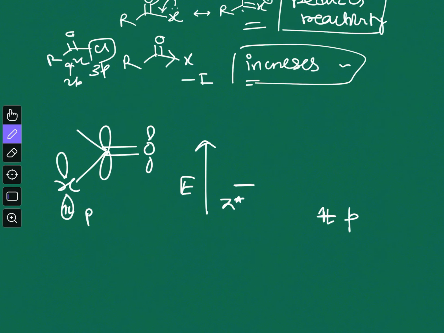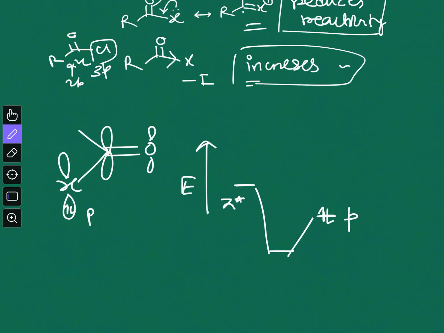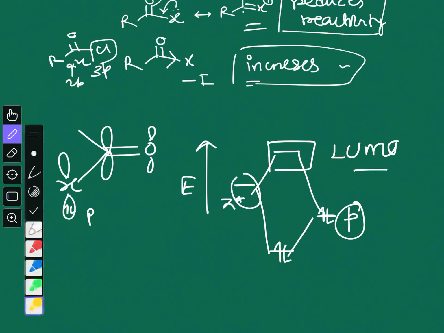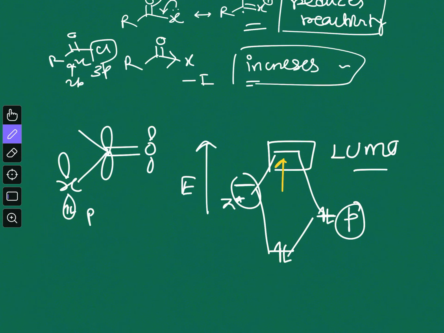Now if they overlap, we will have two new molecular orbitals, and these will be filled with electrons. This is now empty, so this is our new LUMO, which is the combination of the non-bonding orbital and the pi star orbital. Now it is clear that the energy of the new LUMO is higher than the energy of the normal pi star orbital.